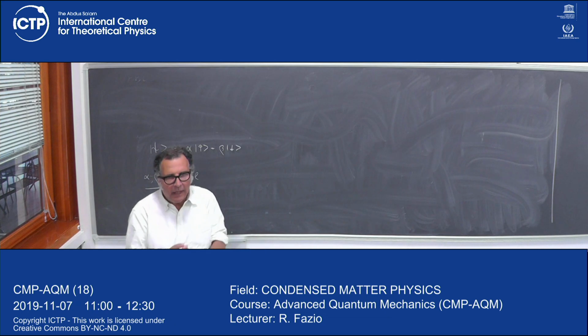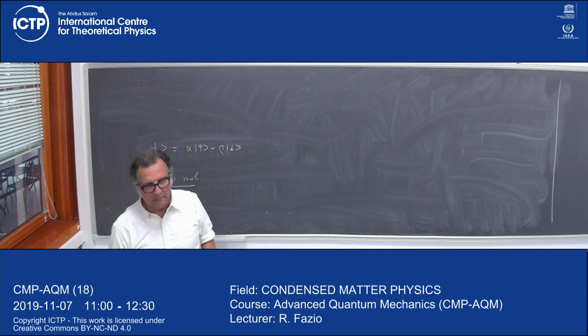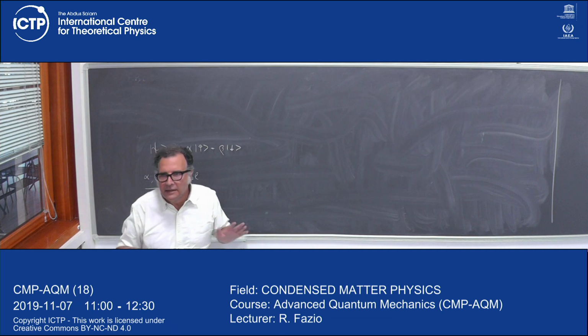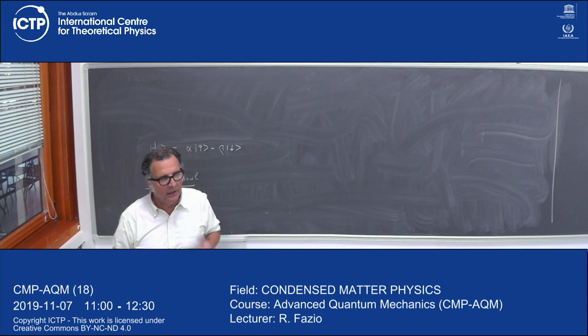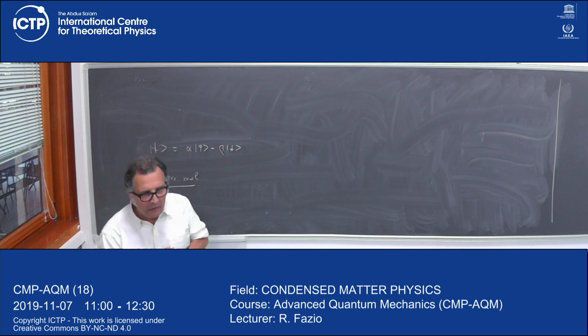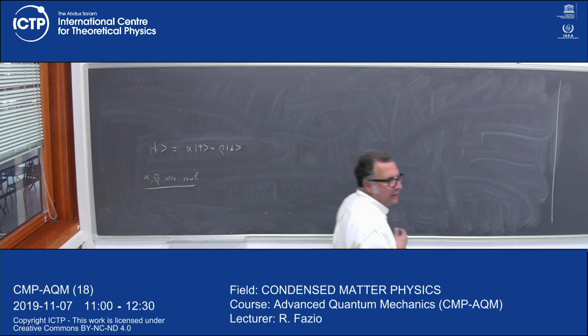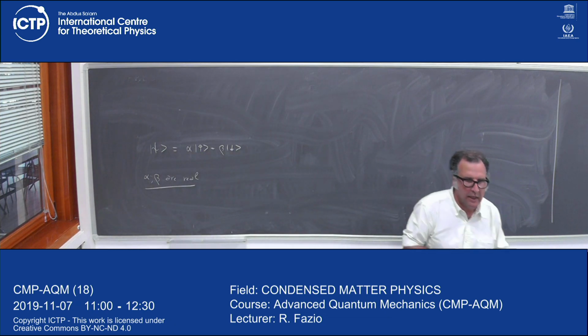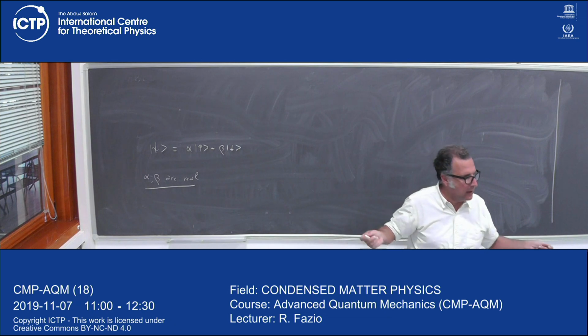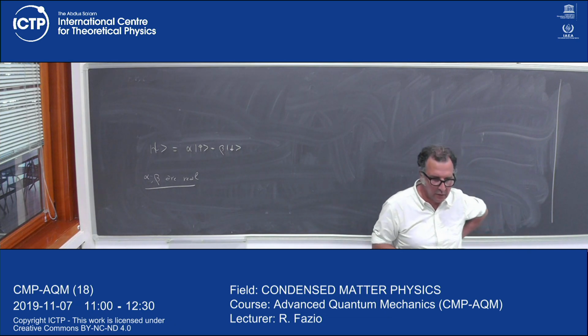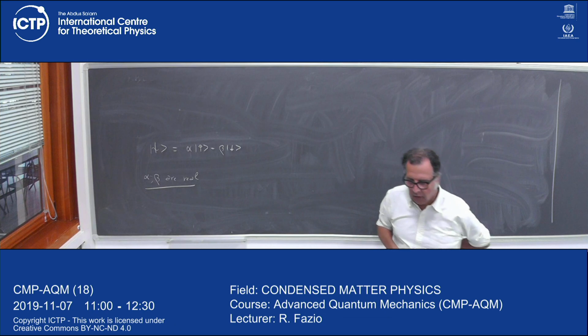I have my experiment such that I guarantee you, you should trust me, that alpha and beta are real. And of course, alpha squared plus beta squared adds to 1. Good.